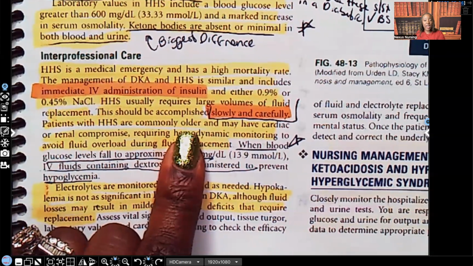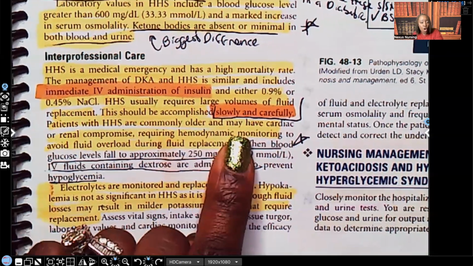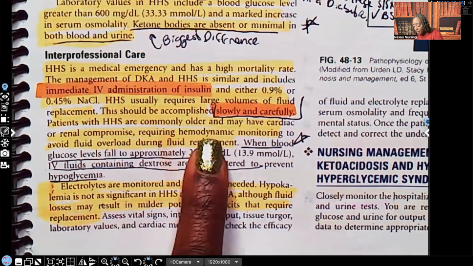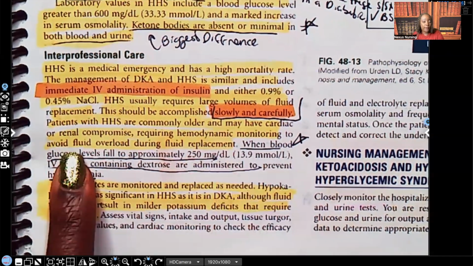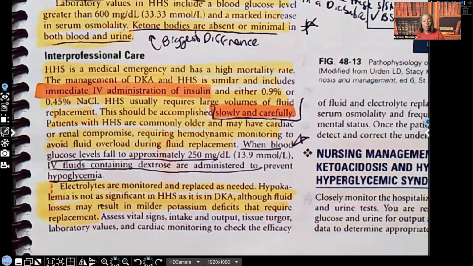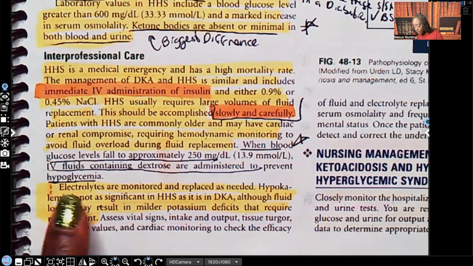Remember, the HHS are usually the diabetics over 60. Patients with HHS are commonly older and may have cardiac or renal compromise, requiring hemodynamic monitoring to avoid fluid overload during the fluid replacement. So that is a big difference in our treatment of DKA versus HHS.